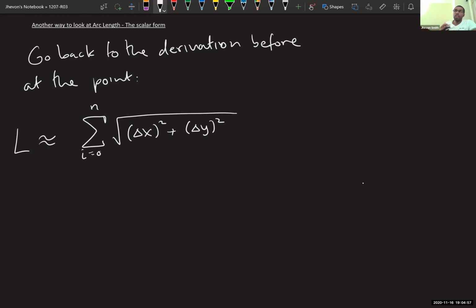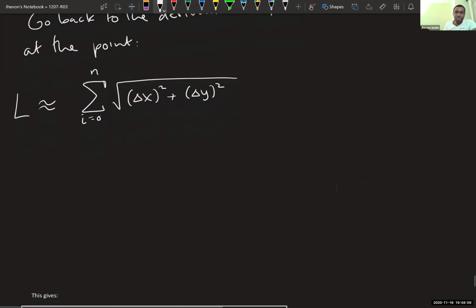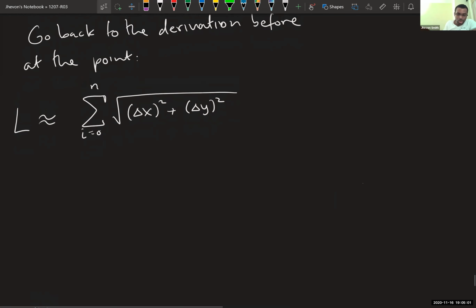And again, Leibniz notation, very useful. What you can do is you can actually factor out a delta x squared.